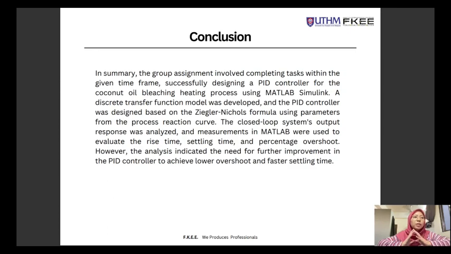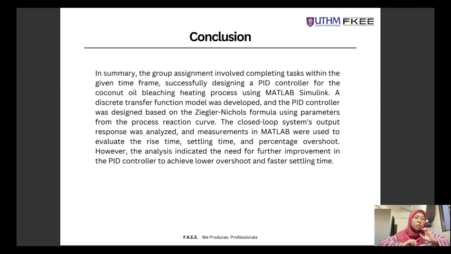Also, the process reaction curve from the open loop test output response provided the necessary parameters for the design, and the PID controller was designed using gains obtained from the Ziegler-Nichols formula, and consequently the designed controller produced an output response for the closed loop system, which was then analyzed based on the specific requirements.